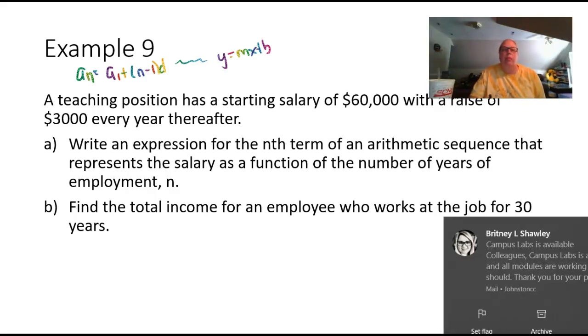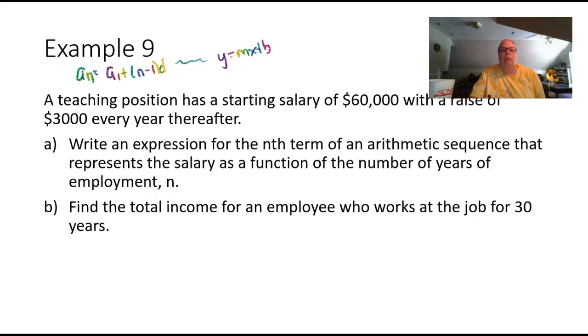Okay, an, we don't know, that's okay. A1, they gave us, that's going to be 60,000, that's our base salary. The common difference is also given to me, 3,000. We're adding 3,000 every year. And so it looks like during the nth year of employment, we will be earning 60,000 plus n minus 1 times 3,000. Now, we're going to clean that up here.